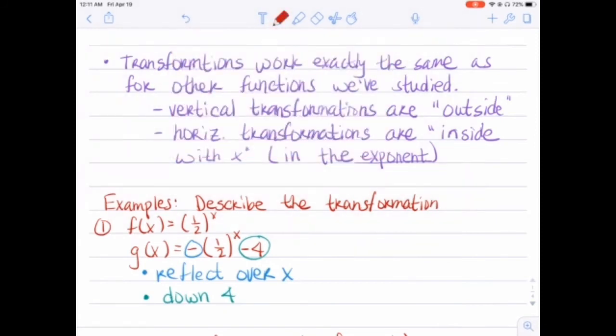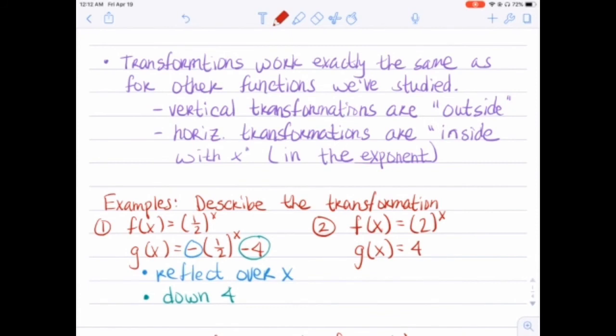All right, example number 2. I know I've only shown you one example, but I feel like you guys have seen these transformations many times before. I would like you to pause the video and see if you can figure this one out. So we're starting with 2 raised to the x power.